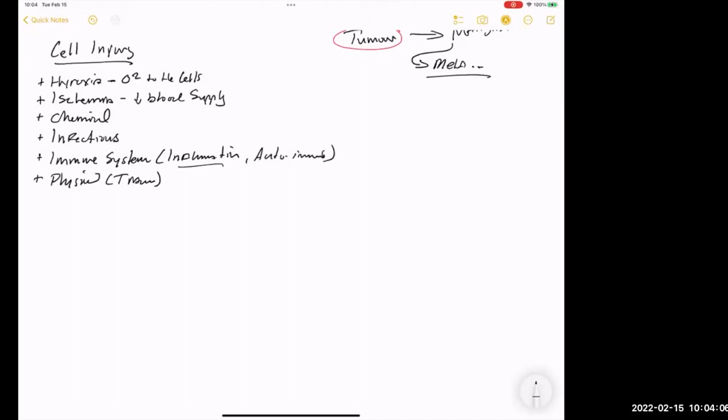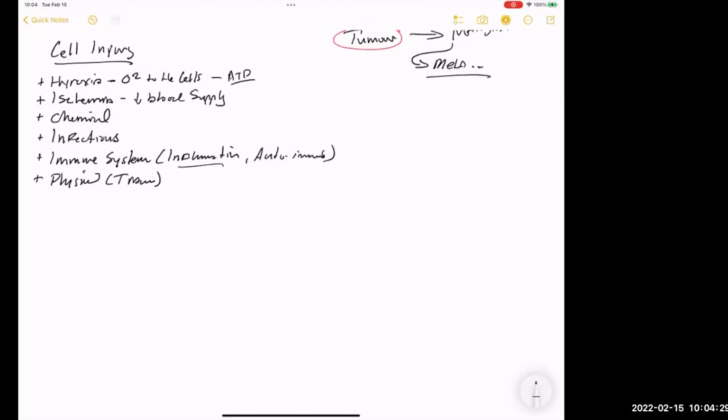Hypoxia is incredibly common. Often it's very deadly because it's an ATP issue, right? Cells do not produce ATP or adequate amounts of ATP. And we talked about what happens when cells cannot produce adequate amounts of ATP, right? There are lots of things that happen there, right?